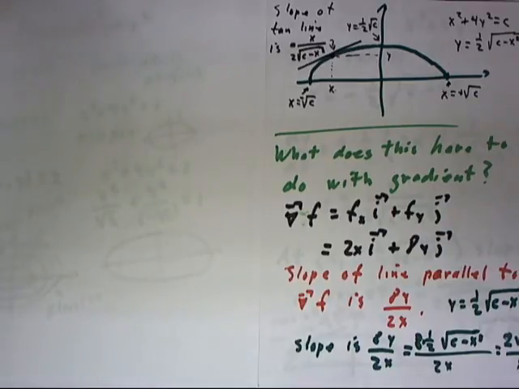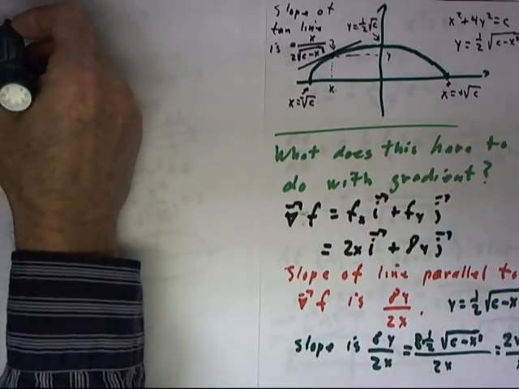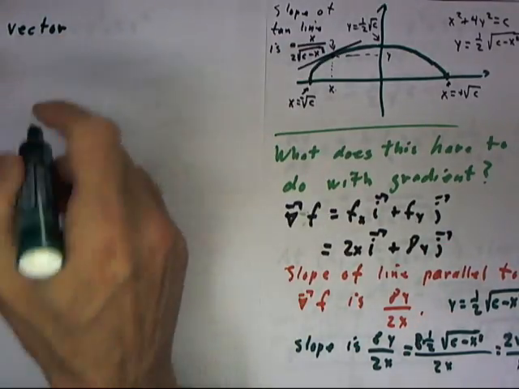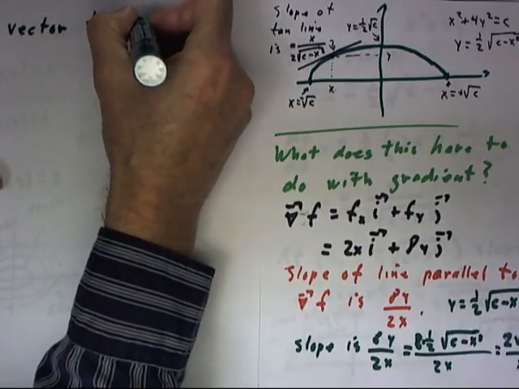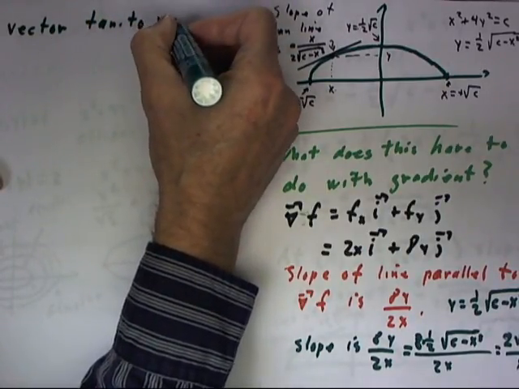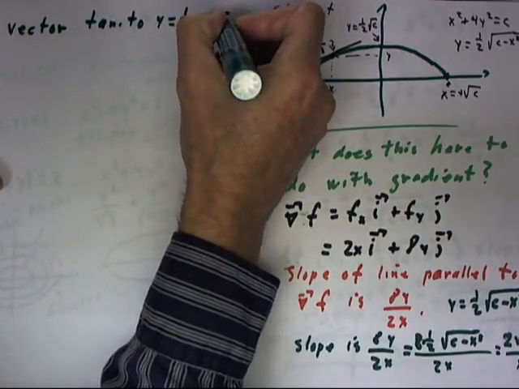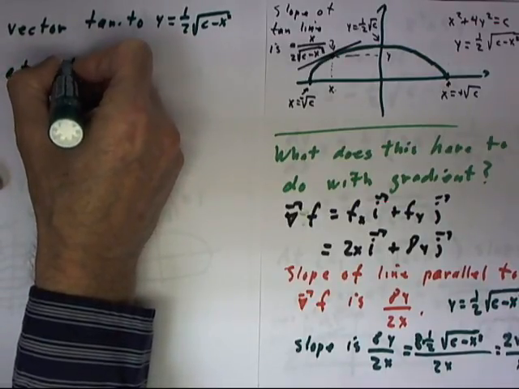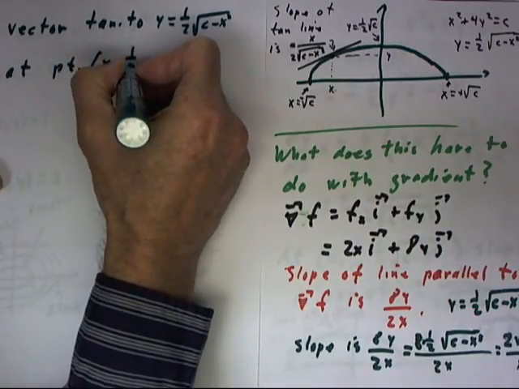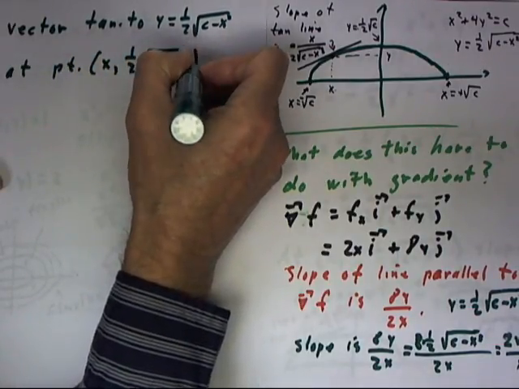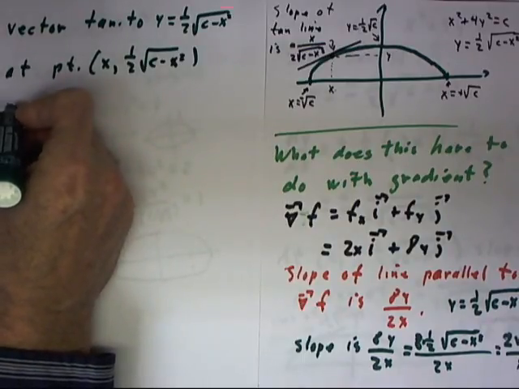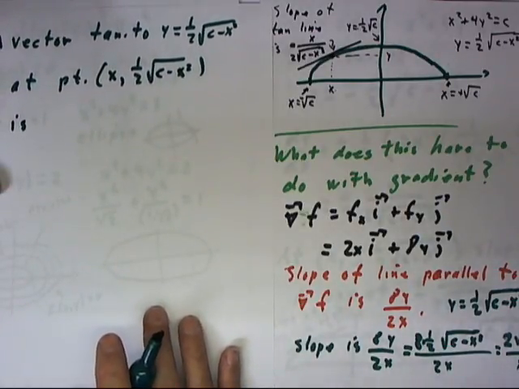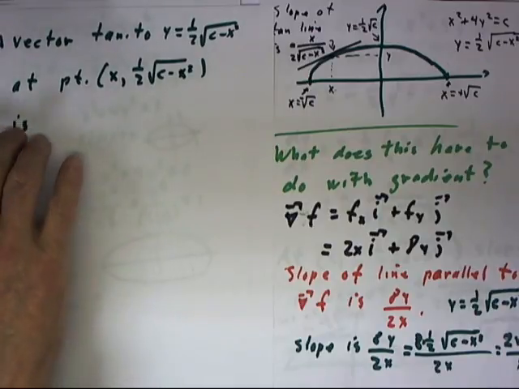We can even go a step further and say that a vector tangent to y equals 1/2 square root of c minus x squared at a point x, 1/2 square root of c minus x squared, is, now this is just a vector, we could have any vector perpendicular to the vector we're going to get here.